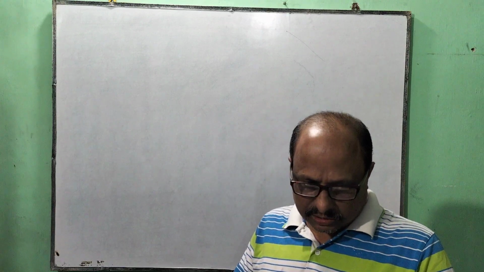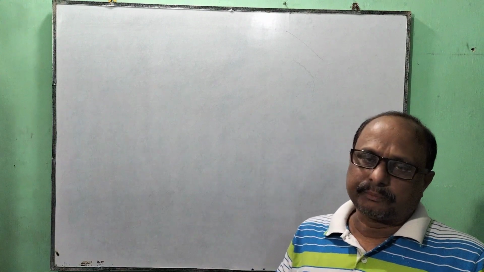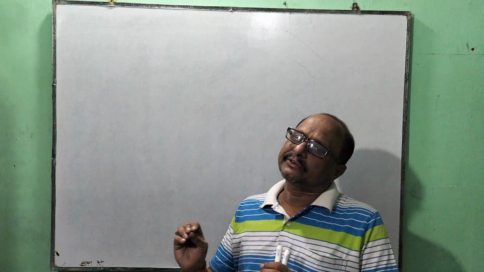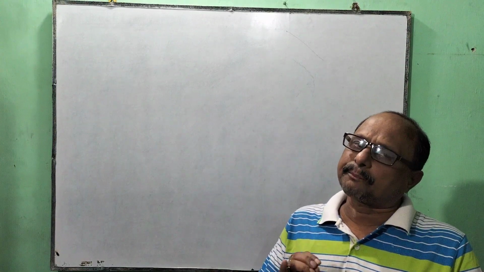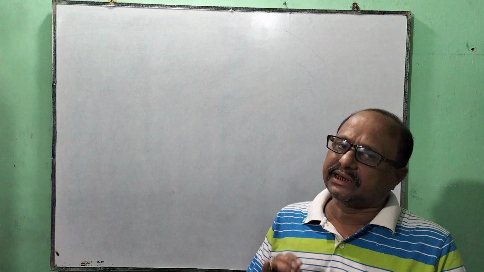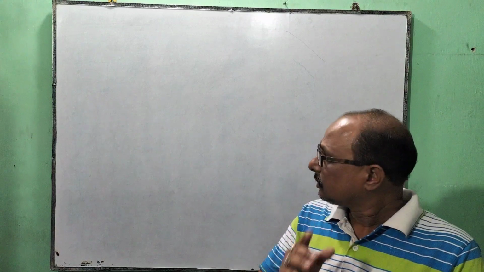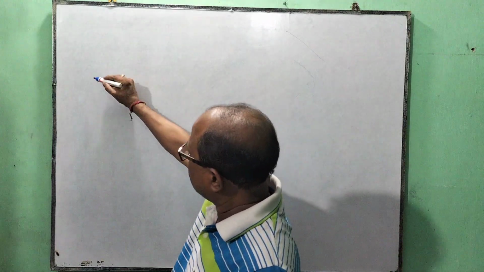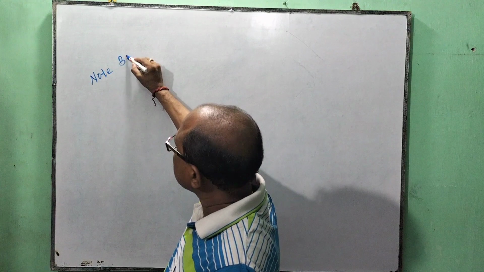So, in this class, I will discuss some relationships between the quadrilateral figures. These are the most important questions from the exam point of view. The question is very silly, but students get it wrong. So, note this.